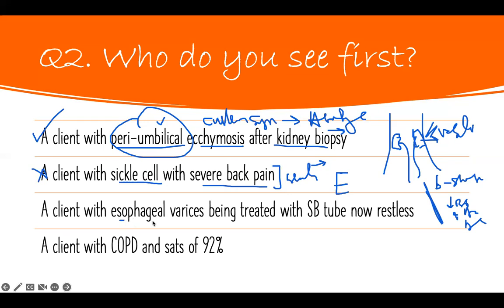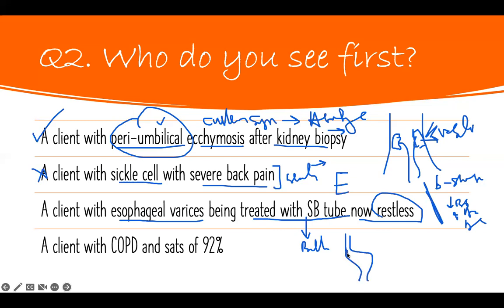A client with esophageal varices, okay, being treated with SB tube. This is the balloon tube. Now with restless. So this is a tricky one, okay? When you have esophageal varices, they use the SB tube to tamponade the varices.